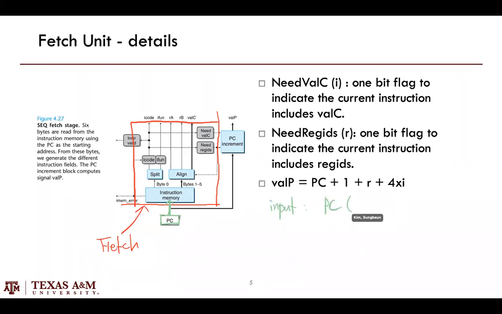Then here we should know how many bits we should use for the PC register. Basically the PC register stores the address of the instruction we are going to fetch. Then we should know what the address line size or address line width is. You can decide the size of PC and also the address line size.